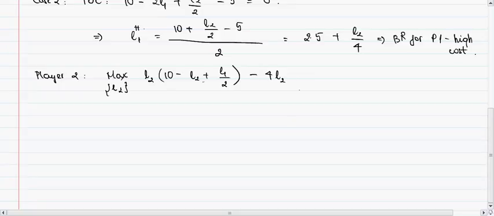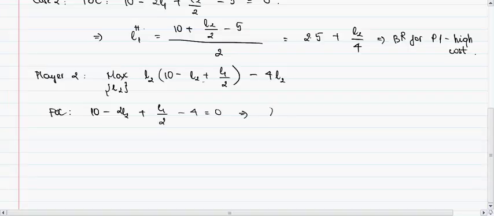So for player 2, there's only one case because there isn't any low cost or high cost for player 2. Again, we just have to solve this maximization problem by finding the first order condition. Differentiate the objective function with respect to L2 and make it equal to 0. I'll get 10 minus 2L2 minus L1 divided by 2 minus 4 equal to 0.